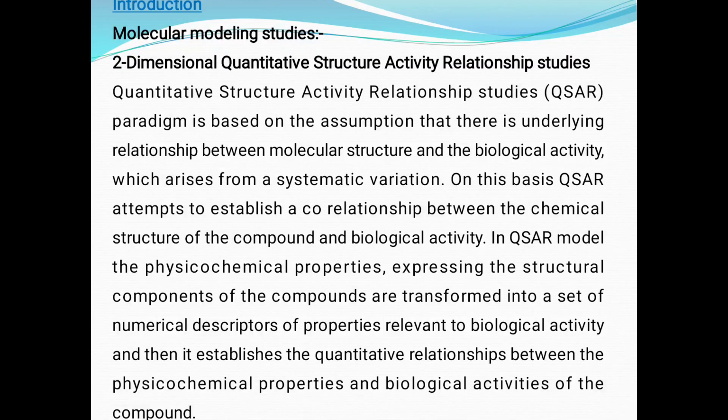Okay, so we are basically trying to put the physicochemical parameters or the physicochemical properties of a given compound in the form of numerical descriptors, which is nothing but the numerical representation of the physicochemical properties of the compounds. I mean, these physicochemical properties are coded in the numerical descriptors.